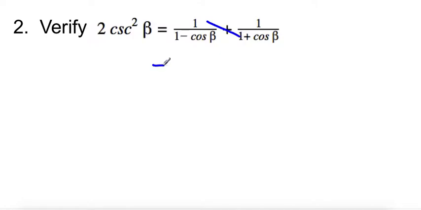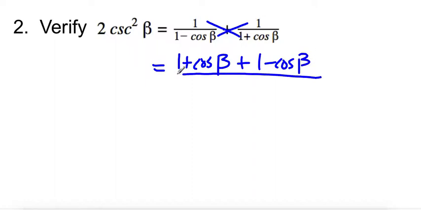So I'm going to multiply these, and I get 1 plus cosine beta. I'm going to multiply these, and I get 1 minus cosine beta. And then on the bottom, I'm going to multiply those: 1 minus cosine beta, 1 plus cosine beta.